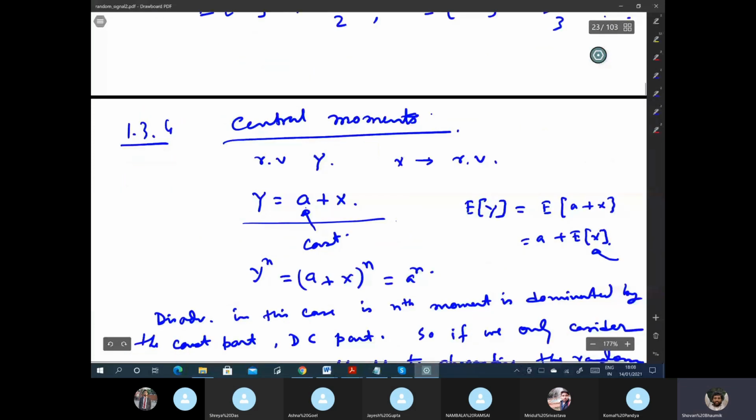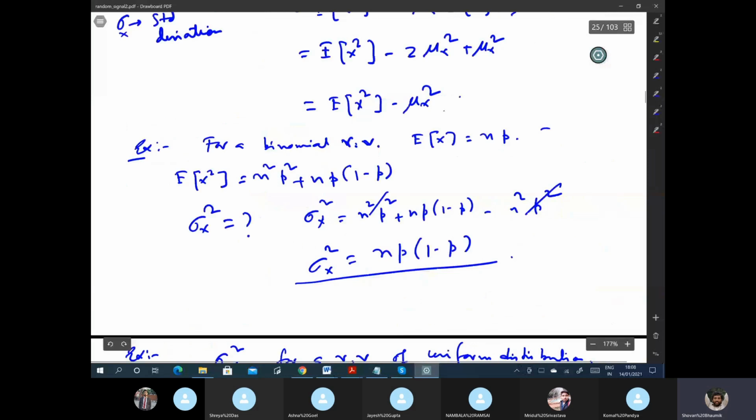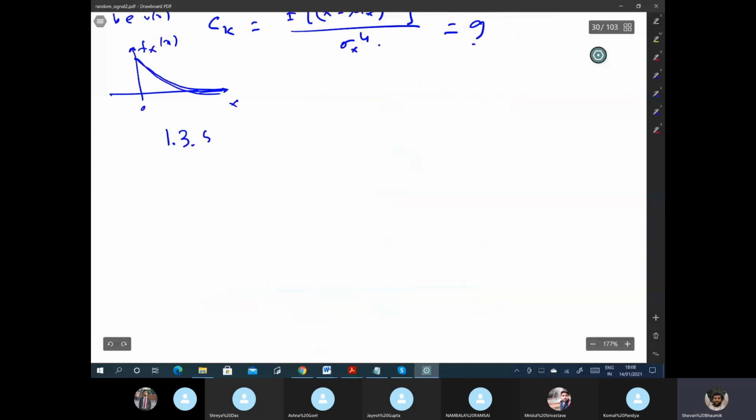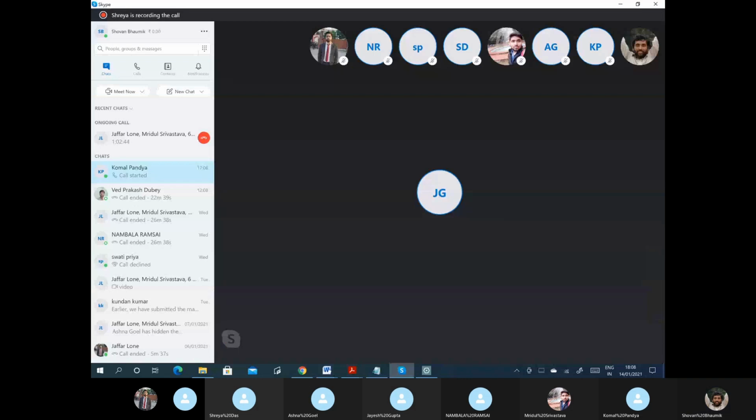Now we move to the next subsection, 1.3.5, conditional expected values or conditional moments. We always do the conditional because it is very important.